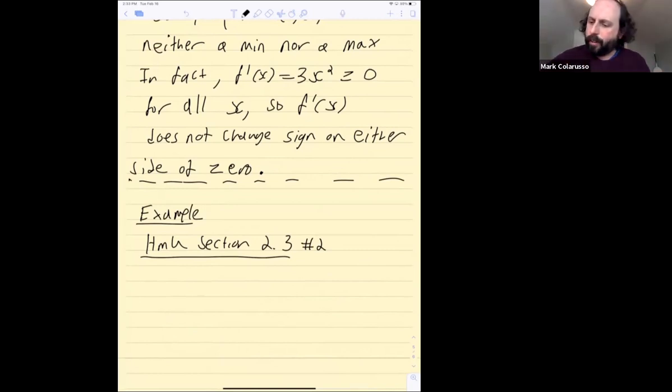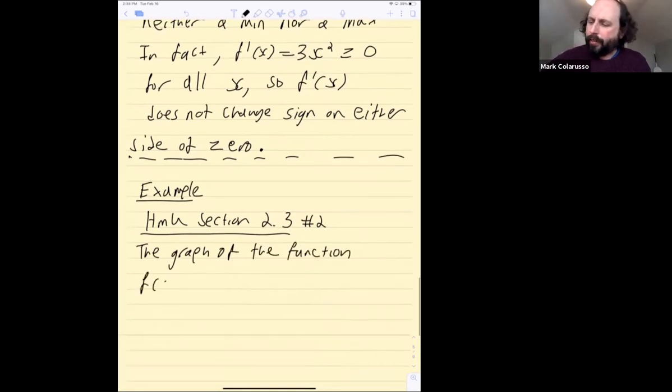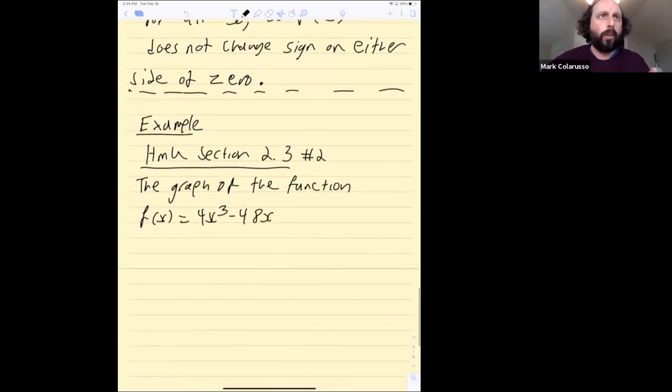Okay, so the graph of the function f of x equals 4x cubed minus 48x has one local min and one local max.